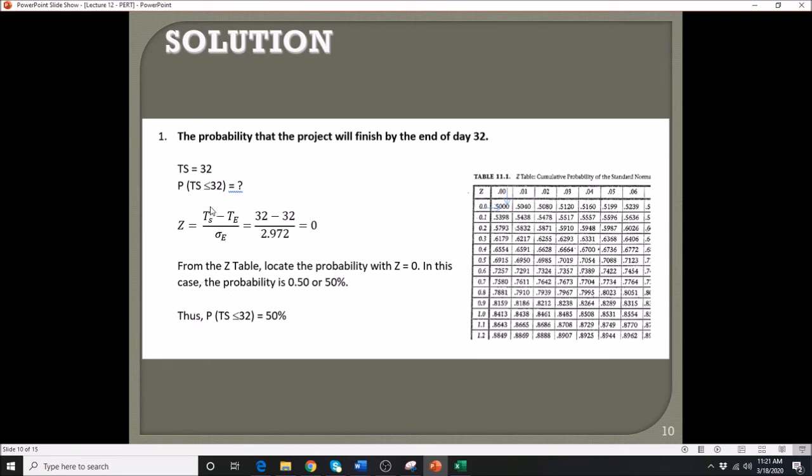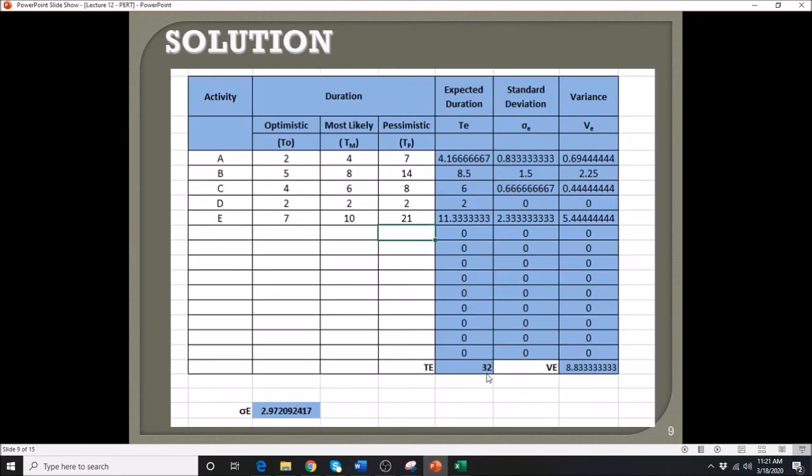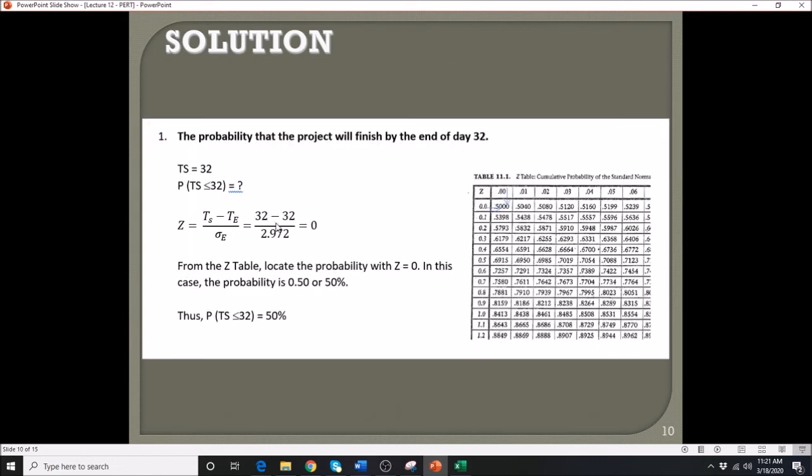To do that, plug into our equation from slide 32: your Ts minus 32, that is the one that we have here on your Excel. That will give us 0, right? So what is the probability that gives us a Z value of 0?